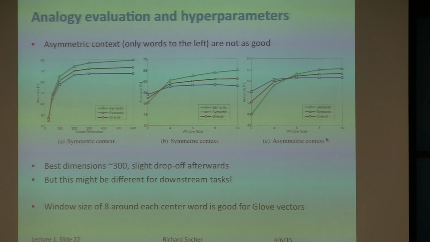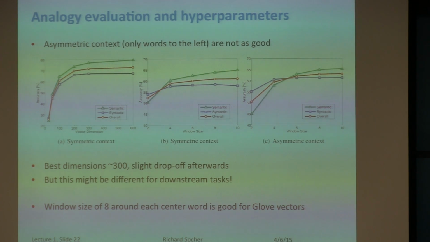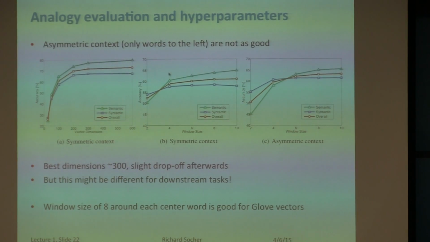And this one is interesting too. Here we have an asymmetric context. So far we've only talked about predicting the left C words and the right C words, but it turns out you could also just predict the last couple of words. And that is the asymmetric context, and you can see here that basically just using the left side does not work as well as predicting left and right.